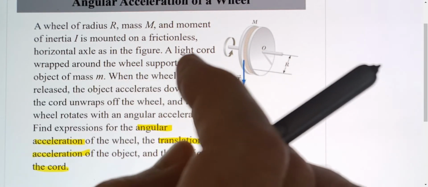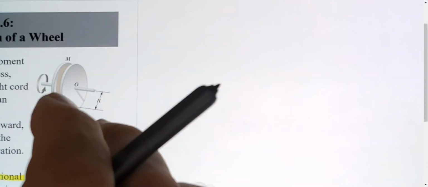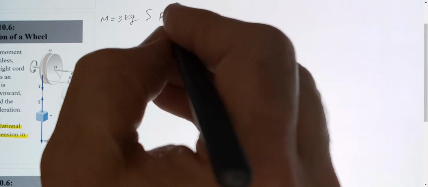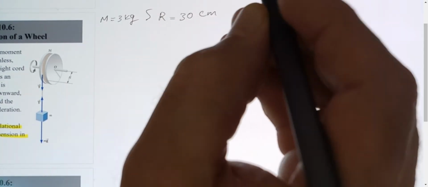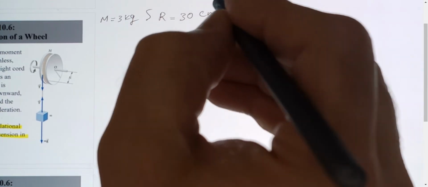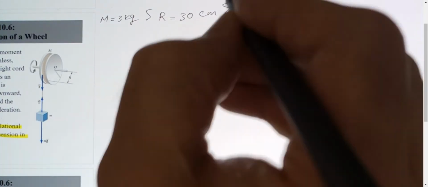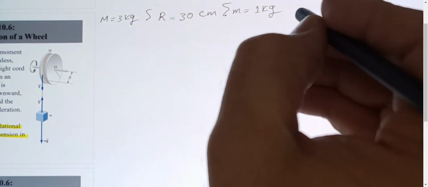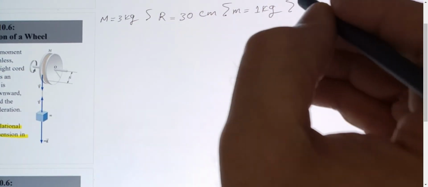طيب, what are the values for this? Suppose that M is equal 3 kilogram, R is 30 centimeter, the small mass for the object, small mass is equal 1 kilogram, and for this object, for this shape, moment of inertia is equal half m r square.